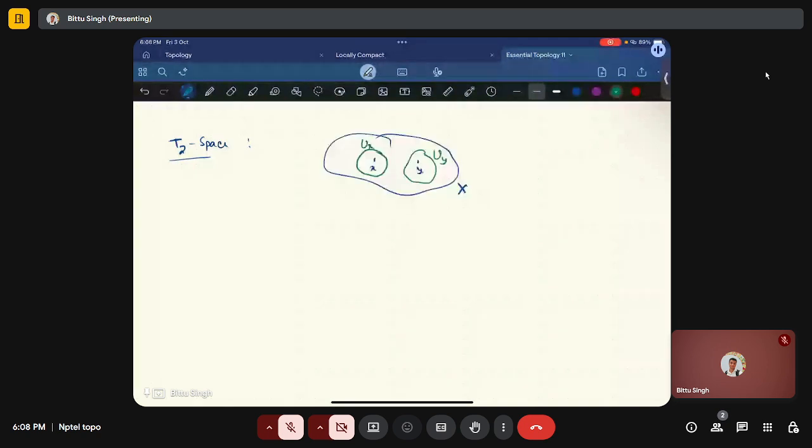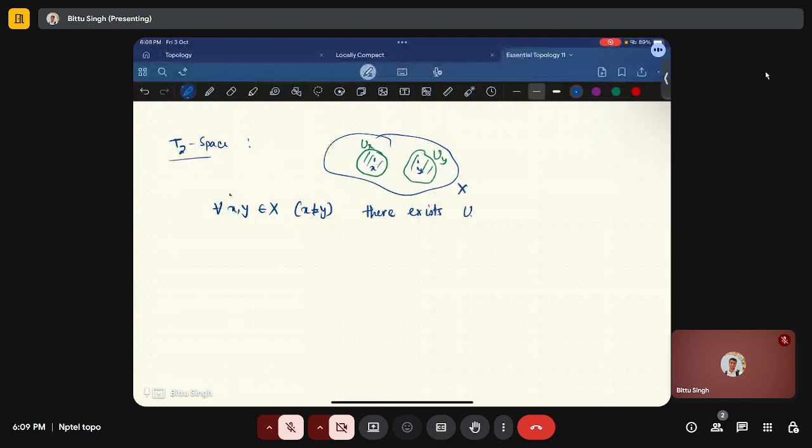So for all x, y belonging to X that are distinct, that is, x not equal to y, there exist Ux and Uy, disjoint open sets containing x, y respectively.